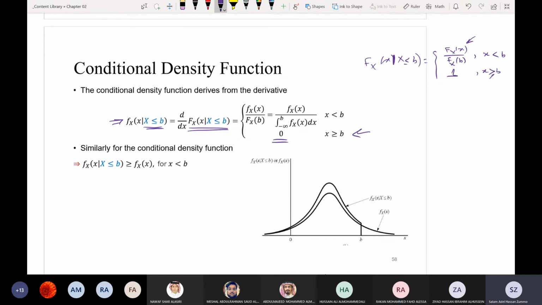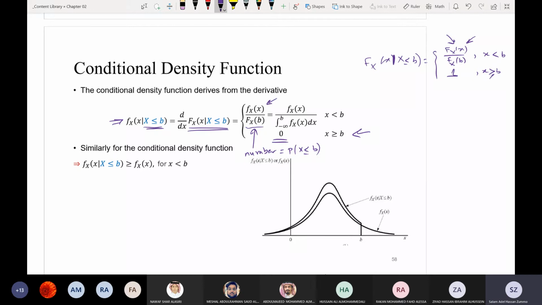The derivative of this function is known, right? It's the PDF. Divided by this number. نفس الرقم. هذا الرقم هذا constant. This is a number. This is a probability. Probability that x less than or equal b. It's a number. بينما الفانكشن of x is the above one, is the numerator. اللي هو its derivative is fx of x. PDF of x.